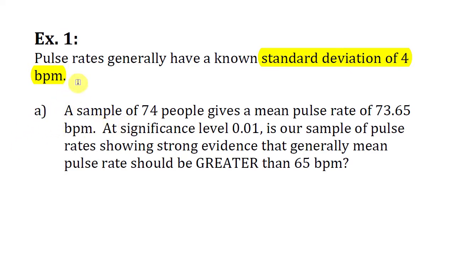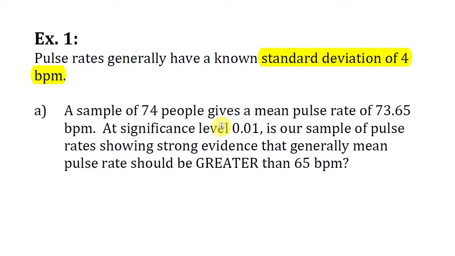The description about the sample and the question of our problem is even written after this information regarding the standard deviation was given. And so regardless of having this information or not, this can be regarded as our population standard deviation because it's completely independent of the sampling information.